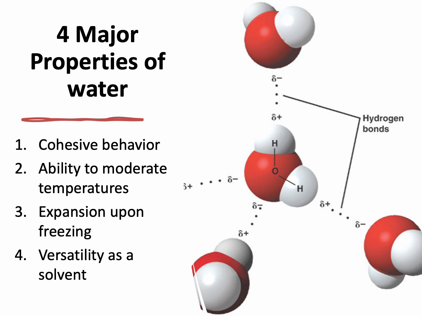There are a lot of liquids out there, but water remains the unique liquid because of these hydrogen bonds and the properties that they bestow upon water. So these four are cohesive behavior, the way it interacts with temperature, how it responds to freezing, and how it can act as a solvent. So let's start with the first.